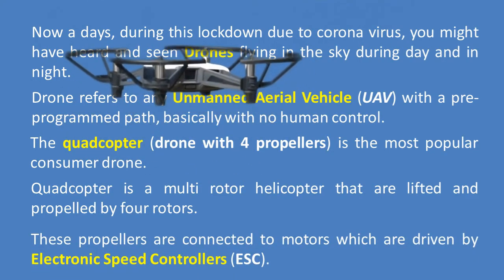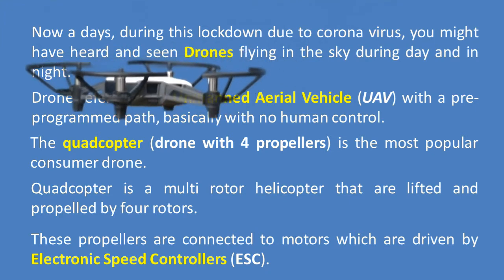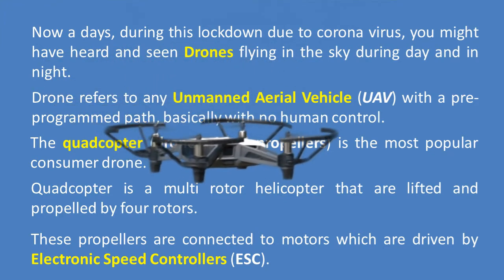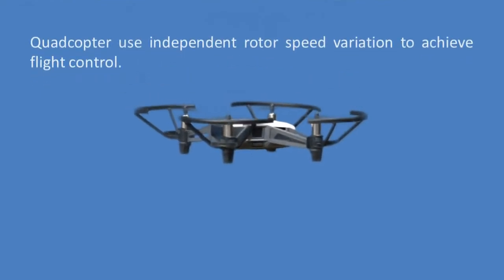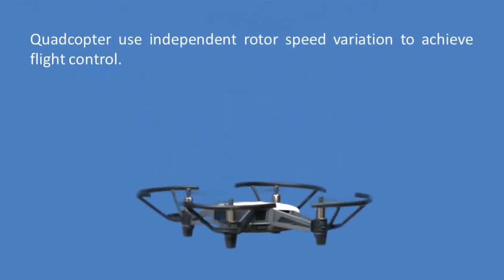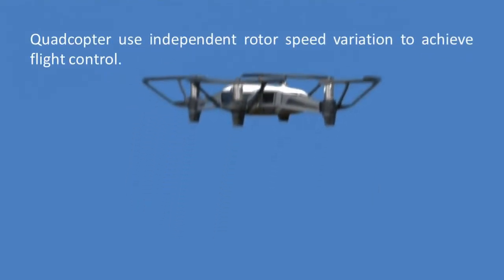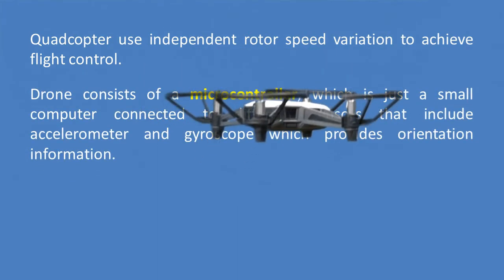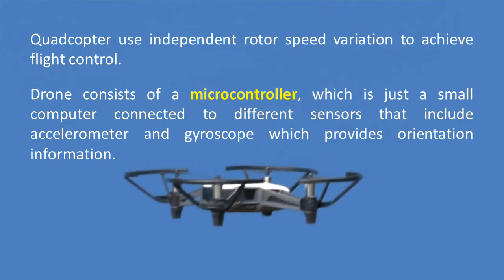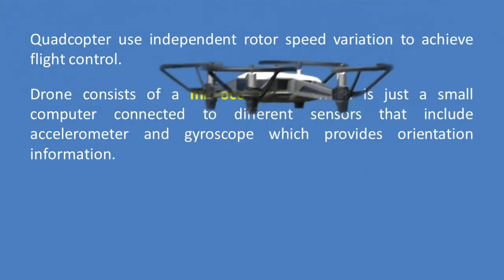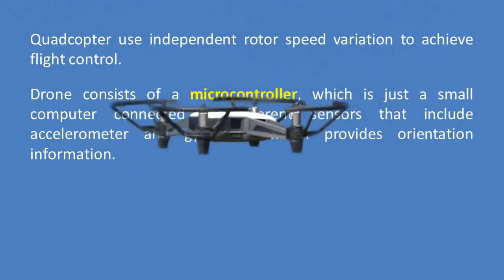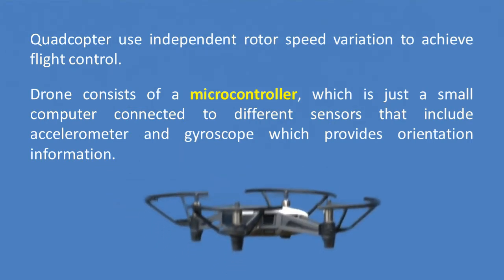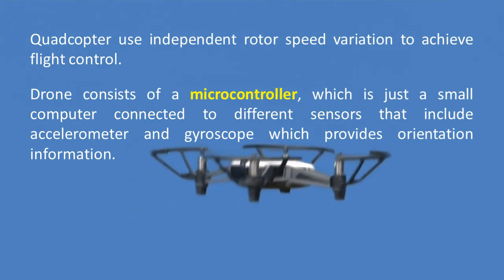These propellers are connected to motors which are driven by electronic speed controllers. Quadcopters use independent rotor speed variation to achieve flight control. A drone consists of a microcontroller, which is just a small computer connected to different sensors that include an accelerometer and gyroscope, which provides orientation information.